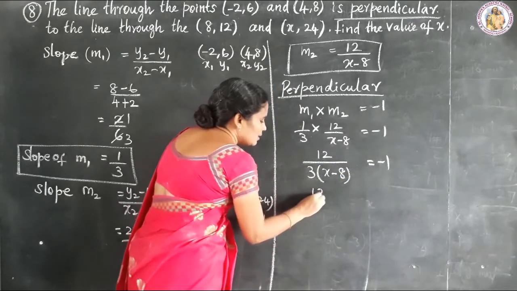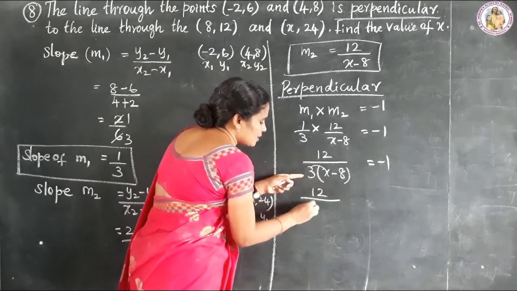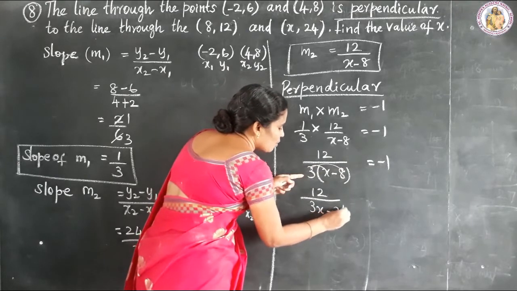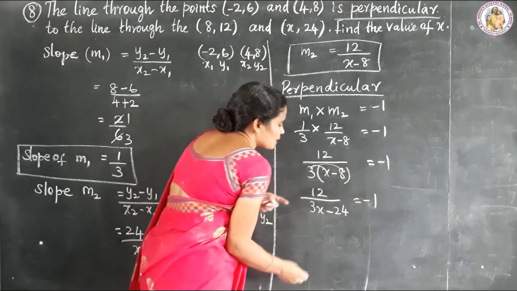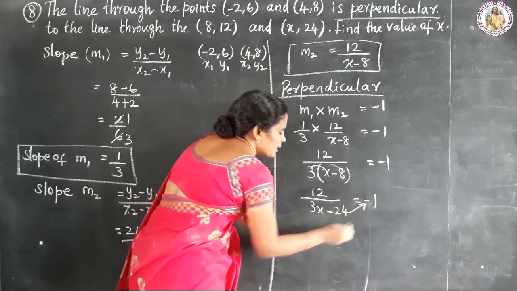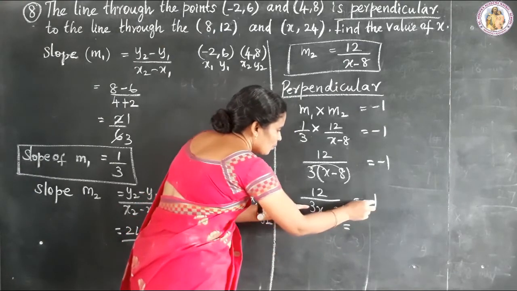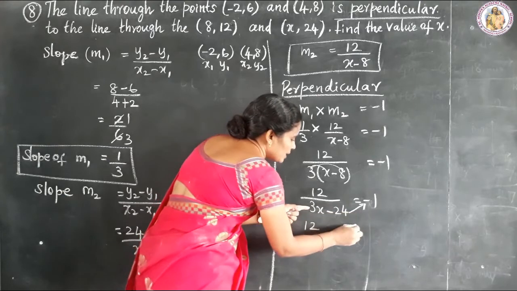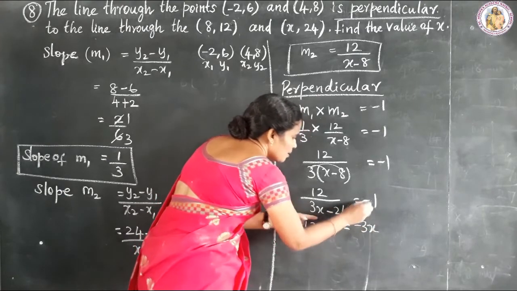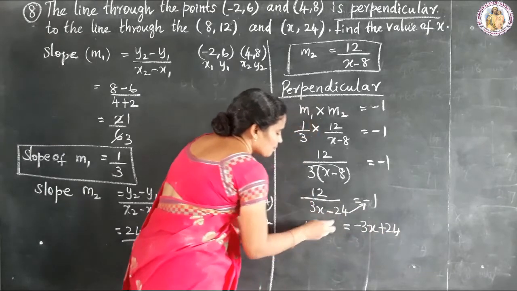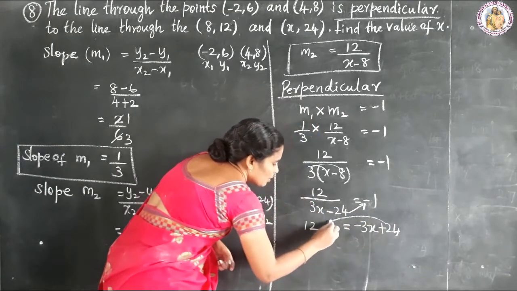Now 12 divided by 3x minus 3 into 8, 3 8s are 24, is equal to minus 1. Now cross multiply. So 12 is equal to minus 1 into 3x minus 24; minus into minus is plus, 12 4s are 24. Now take 24 to the left side.